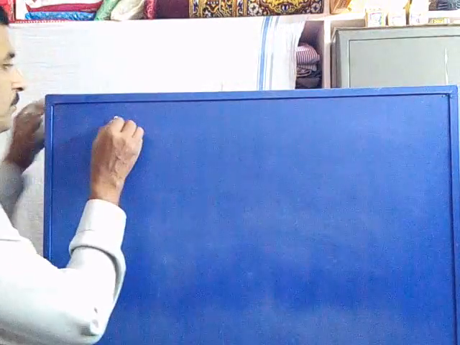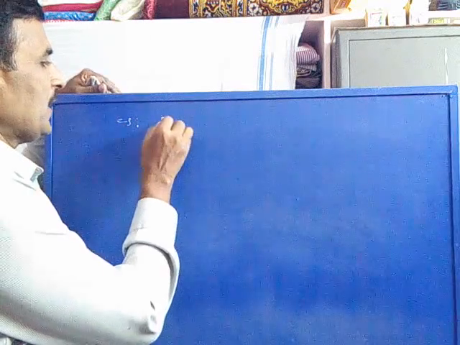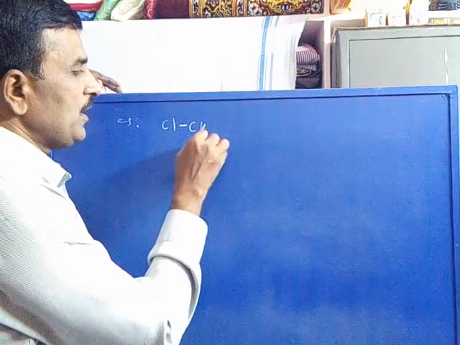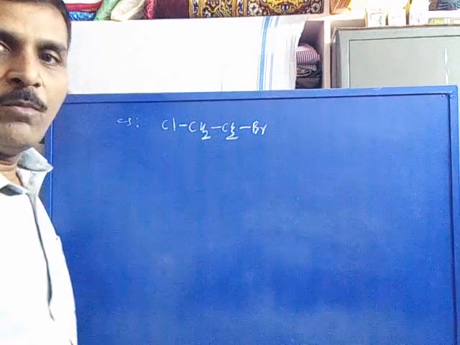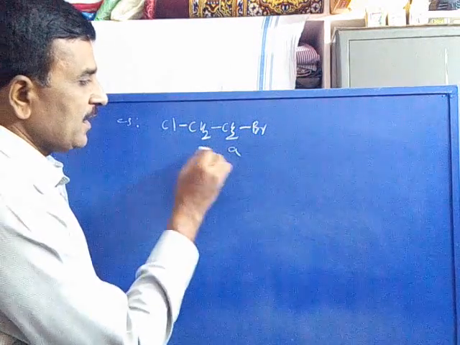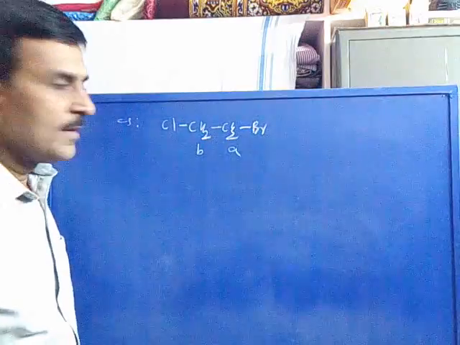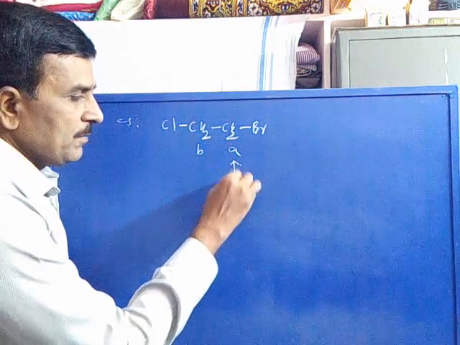Example, you take again the same chlorobromoethane, where this is the A carbon, this is the B carbon. Now I select the A carbon.